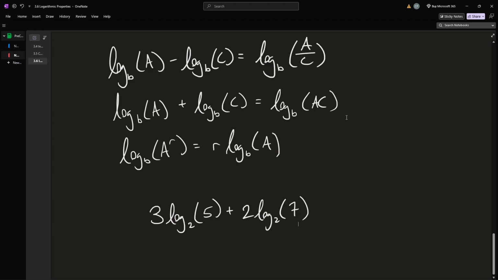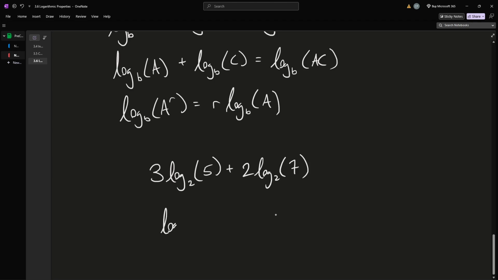So first off, I want to combine it, but I see I have this addition. But the addition only applies if I just have plain logs, logs of b and a, logs of b and c. But there's 3 and 2 in front. So you must first use this exponent rule, convert it to exponent, bring that r inside, and then I apply these rules.